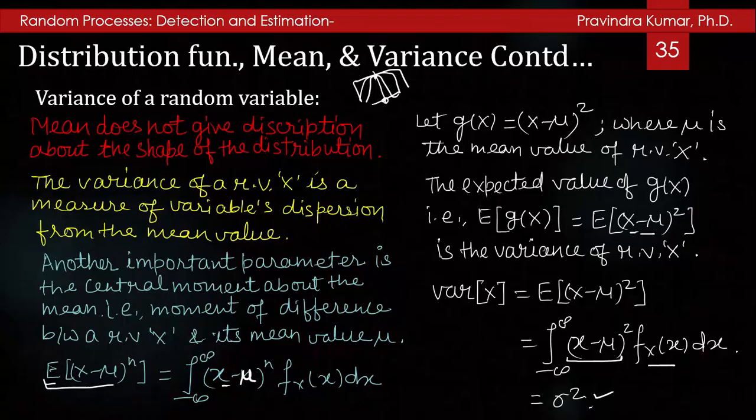It is the integration from minus infinity to infinity of (x minus mu) to the power n and the PDF. If I put n equal to 2, it will be the variance. So the second central moment of the random variable is the variance.